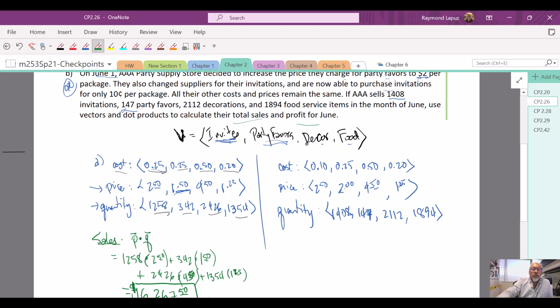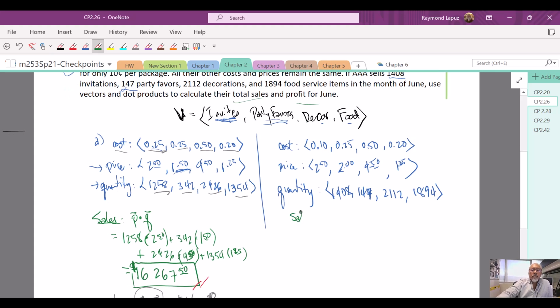So we'll start off with sales. So the sales would be, again, P dot Q. So this time we have different P and different Q. So we're going to take the 1408, multiply by 2.50, and then we'll take 147, multiply that by $2.